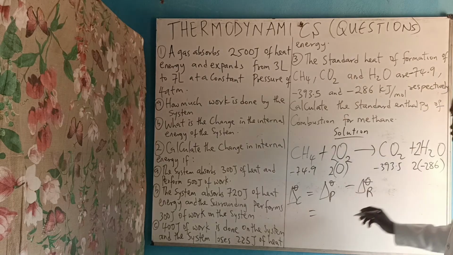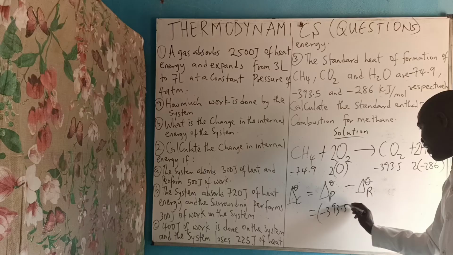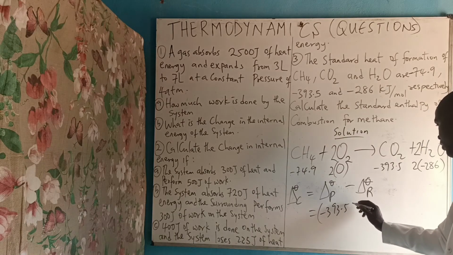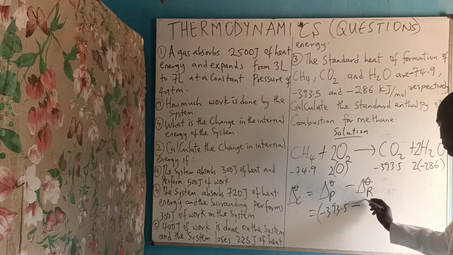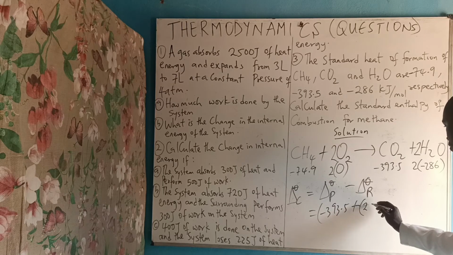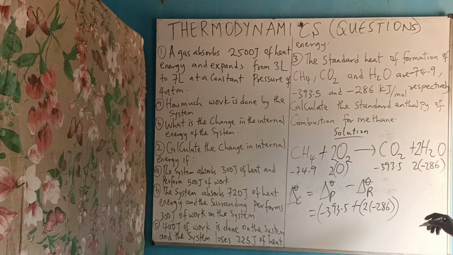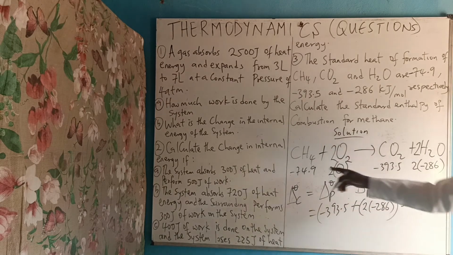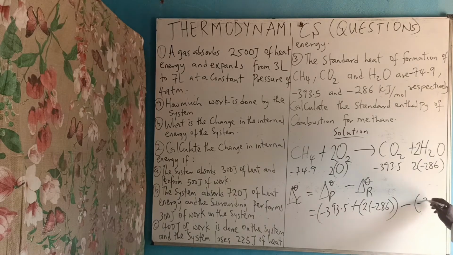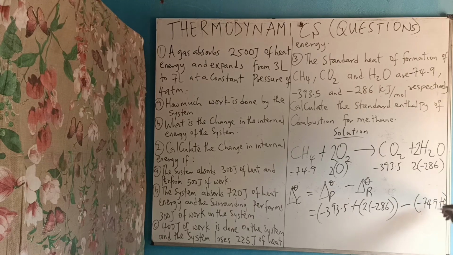And this will be giving you minus 393.5 plus 2 times minus 286, then minus bracket minus 74.9 plus 2 times 0 is 0.